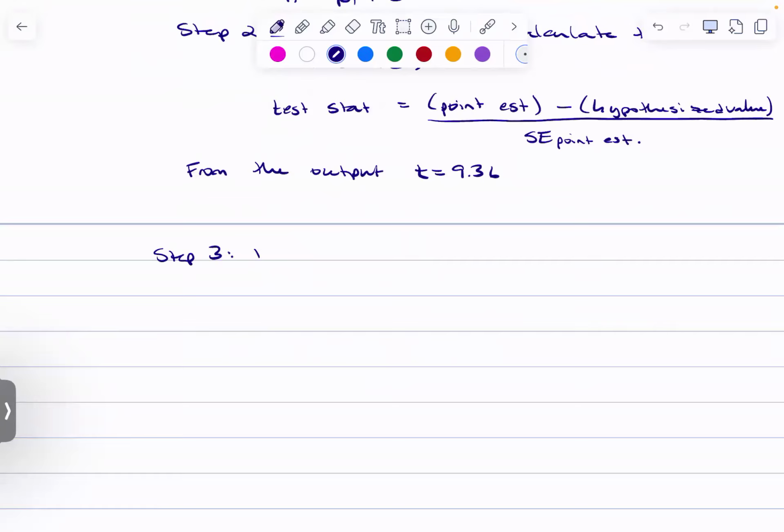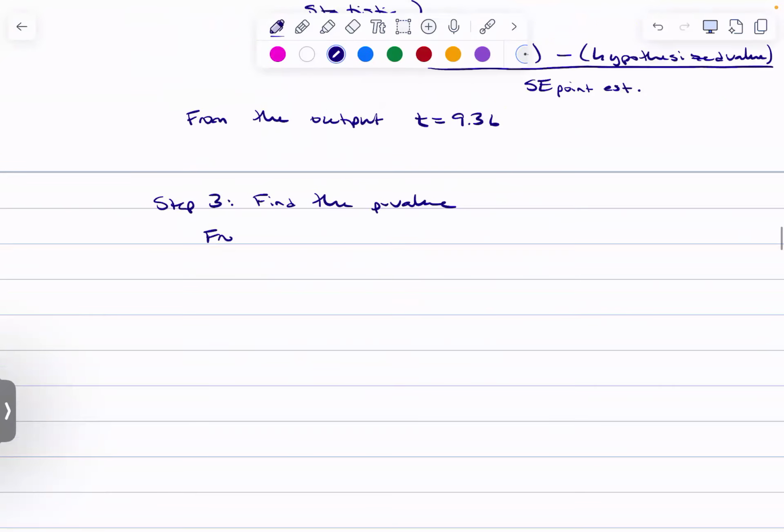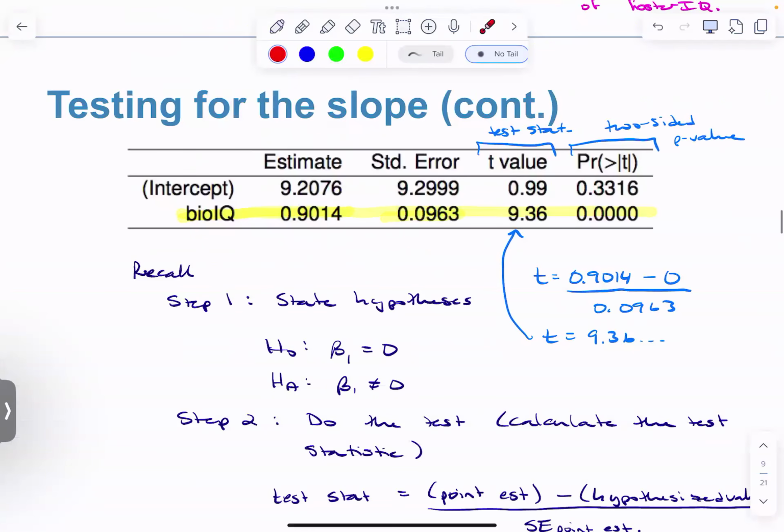Step 3, find the p-value. From the output, the two-sided p-value is roughly 0.0000. It's not 0, because there's always some probability, right? Because you'd have to get to infinity to say it's 0. And so it's very, very small.